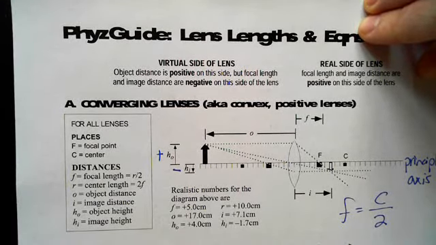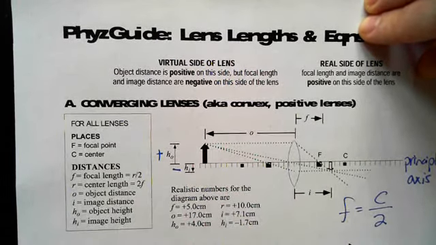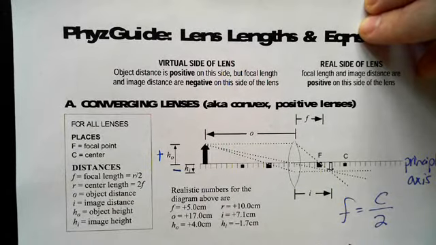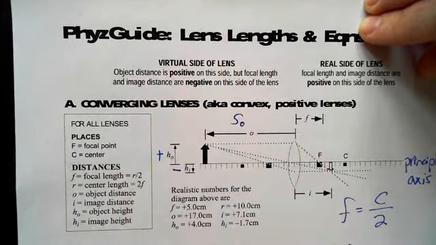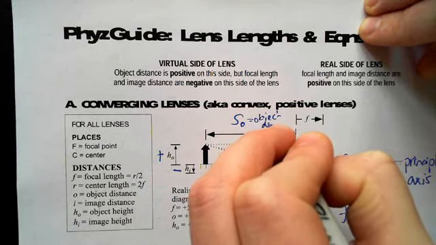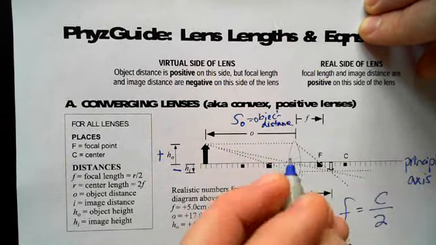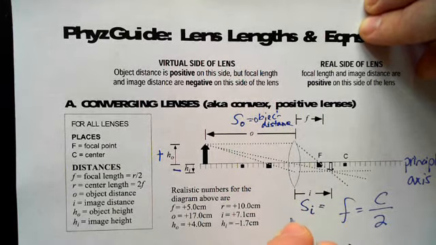You have the object distance, and I'm going to stick with the notation on your AP worksheet, which is S sub O for the object distance. And then the image distance is S sub I.